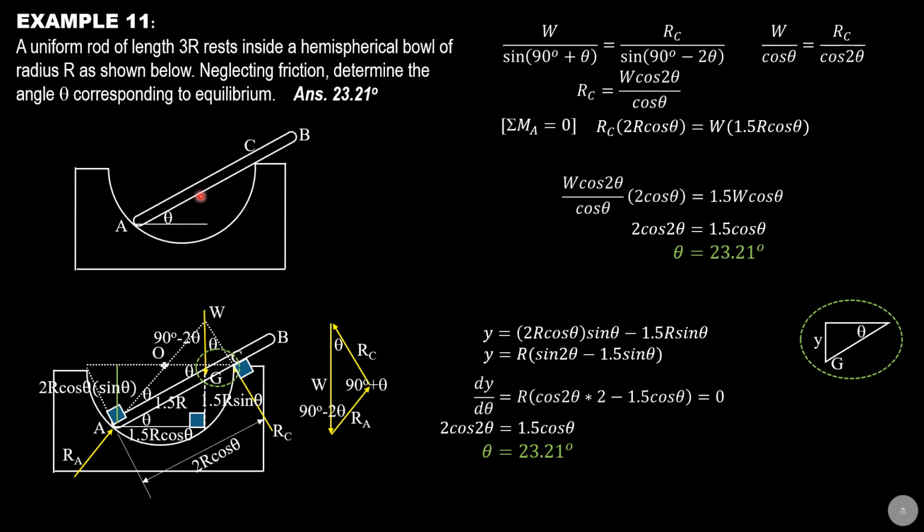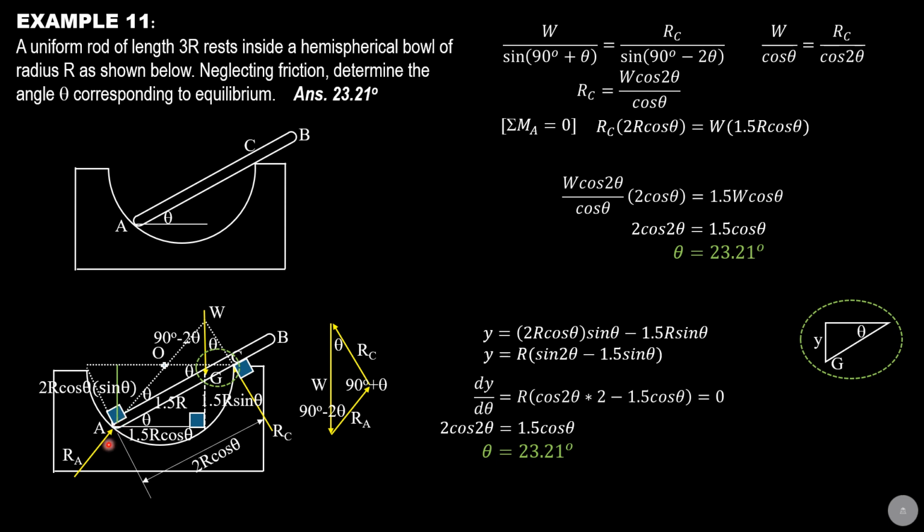So the free body diagram of the uniform rod would be: at the center of gravity, we have the weight, and the center of gravity is located half of 3r from one end, so 1.5 r as shown. So this is theta, and we have here the reaction at A, which is perpendicular to the tangent surface here.